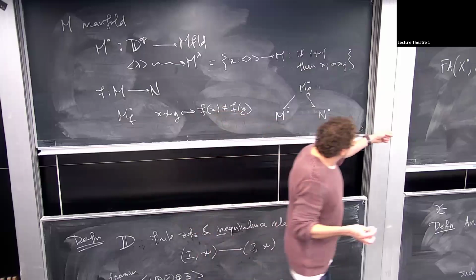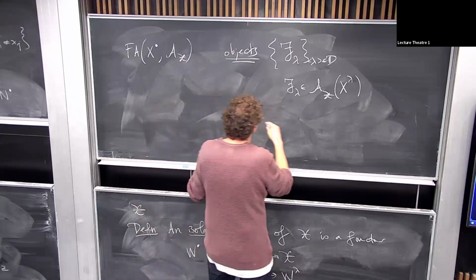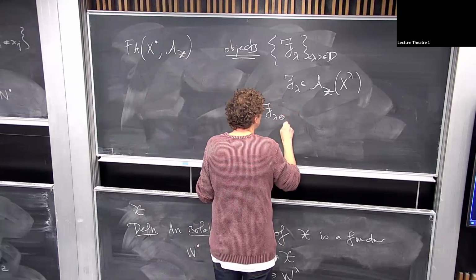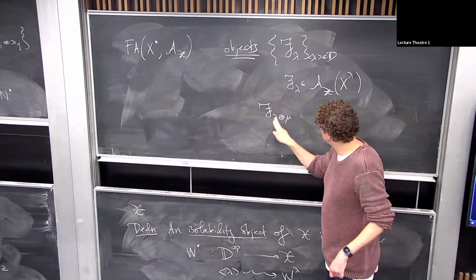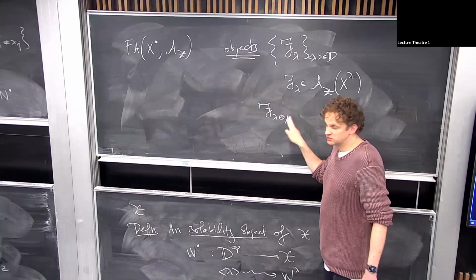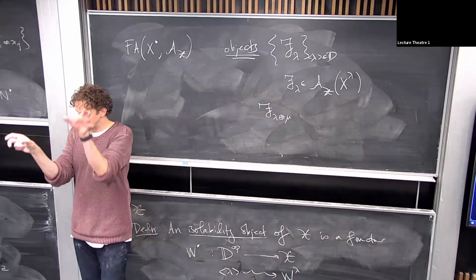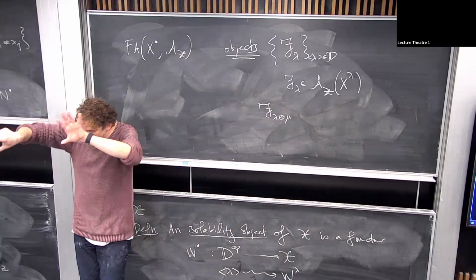Good. But there's one additional piece of structure that I need. The additional structure is what happens when I look at F lambda plus mu. Remember, if I have two of these objects of D, two of these sets with equivalence relations, then I can just put them side by side, so that nothing here is equal to anything here.